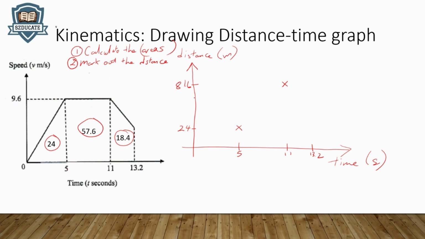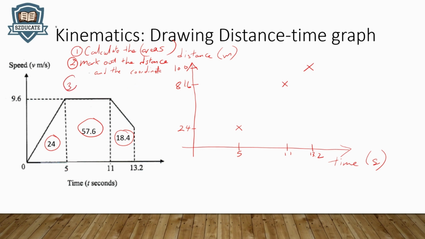At 13.2, if you add 18.4, you'll get 100. Okay, so that's step 2: mark out the distance and the coordinate. Of course, please follow, you need practice, and then you know what to do next.